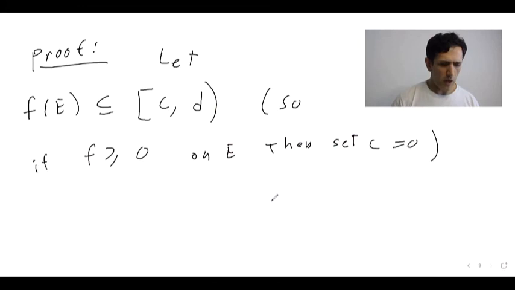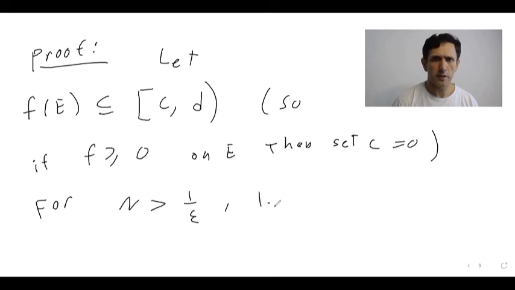Okay, so, do a standard partition of my interval like you do for Riemann sums. For n bigger than 1 over epsilon, let change in y be d minus c over n.